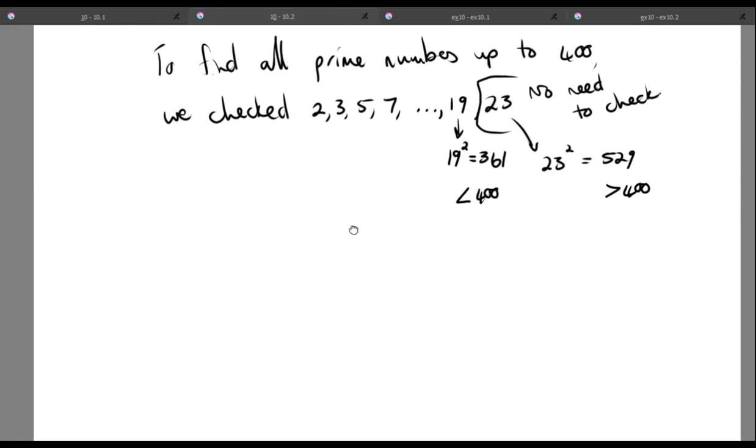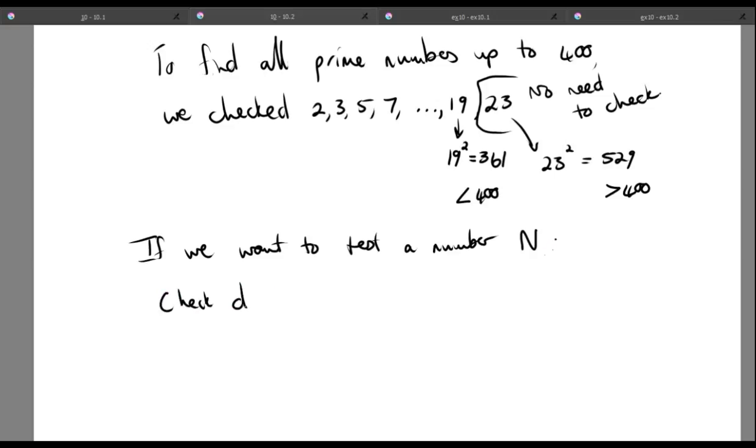So in general, if we want to find all prime numbers up to a point or test a number, let's call it n. What do we need to do? We simply need to check the divisibility by 2, 3, 5, 7, and I keep going up to some prime number p.